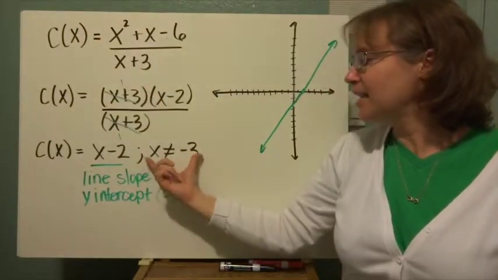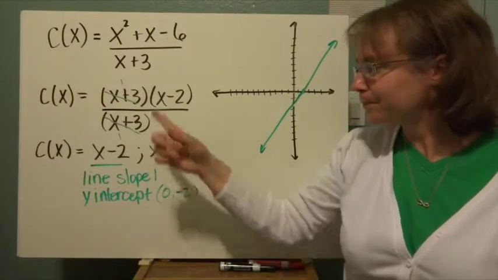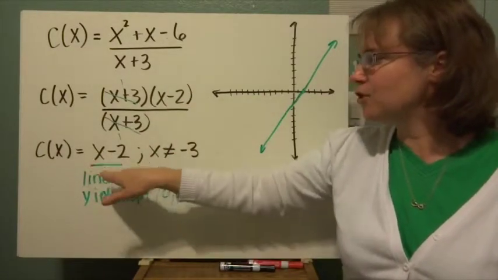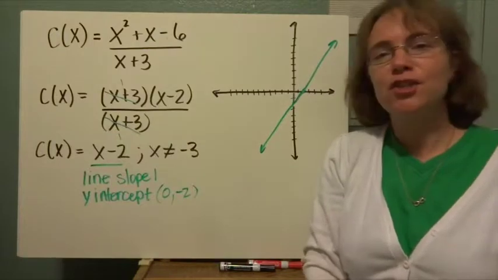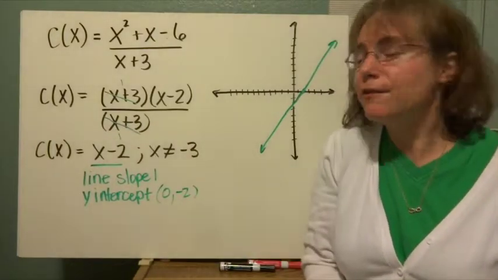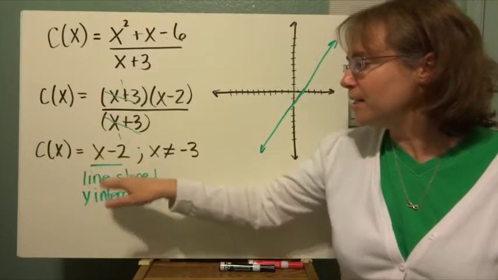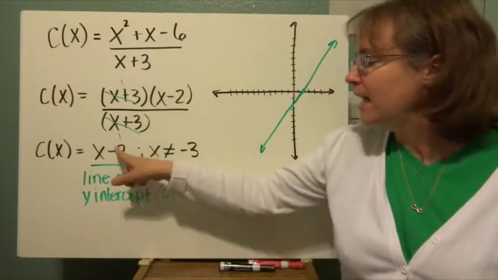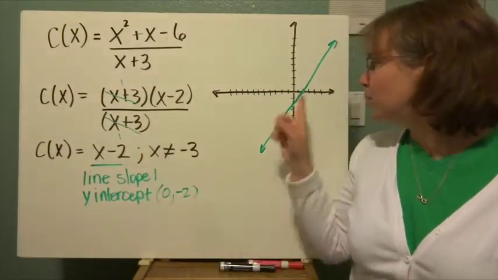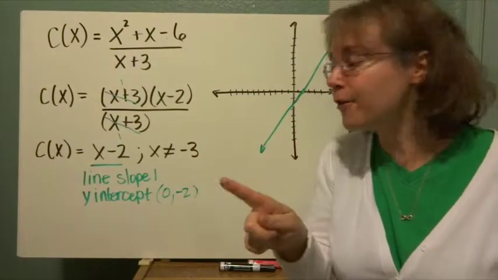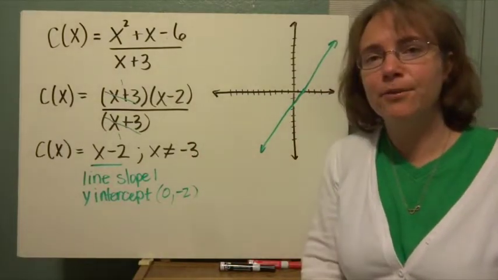So I can reduce it to c of x equaling x minus 2, but x can't be negative 3. This is just a line right here. So x minus 2, the line has a slope of 1, and the y-intercept is at negative 2. Looks just like this. However, x cannot be negative 3.